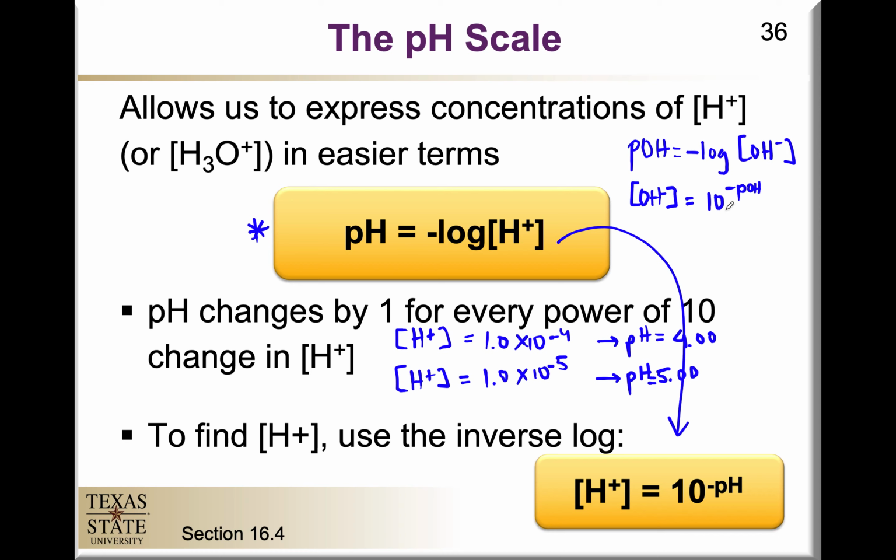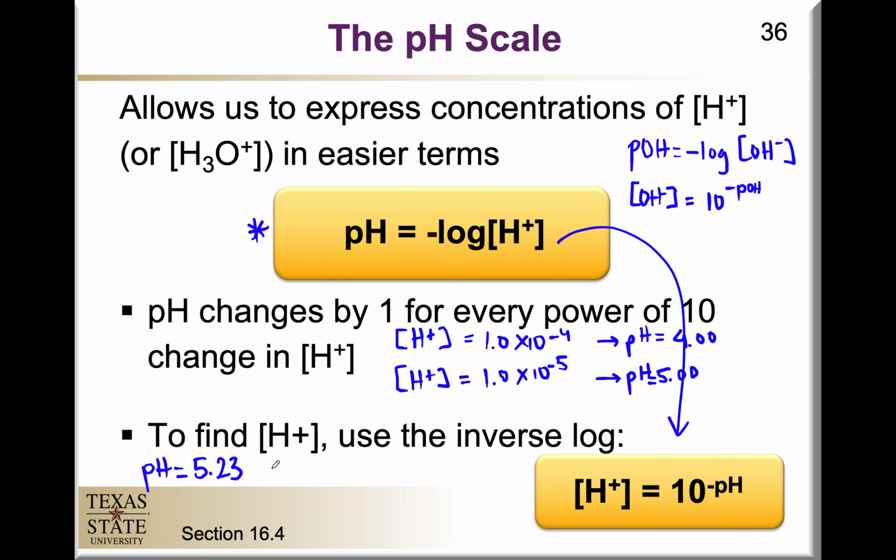Just to make sure that you find the key in the calculator and that you're able to do these calculations, let's say that we had a pH that was equal to 5.23.